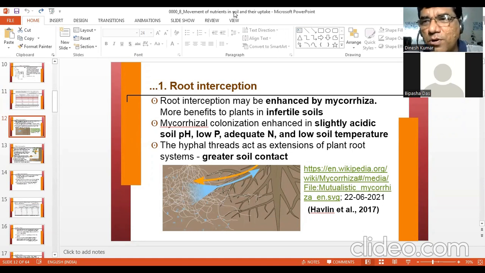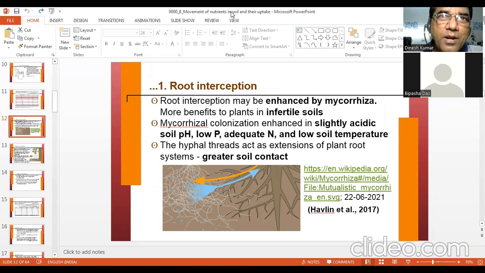But now people don't call them by the name endomycorrhiza. A new name has been given to endomycorrhiza, which is AM fungi, arbuscular mycorrhiza fungi. So now you have two kinds of fungi. One is ectomycorrhiza, other is arbuscular mycorrhiza, AM fungi, AMF. Sometimes people used to call them VAM, vesicular arbuscular mycorrhiza. Now that name is also obsolete.